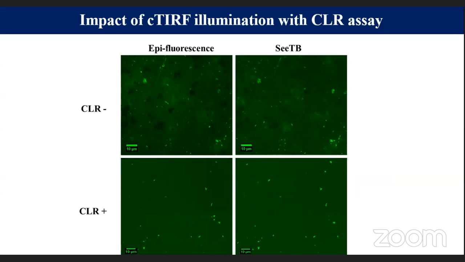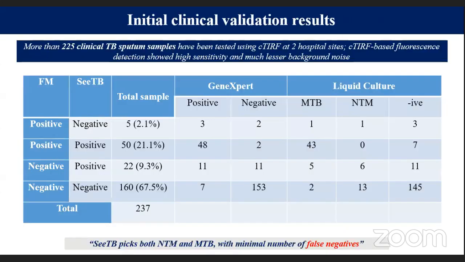But as soon as we used the CLR reagent in the fluorescence microscope as well as SeeTB, this background has been removed significantly, and the only fluorescing object is the bacilli. It can be very easily observed by any healthcare worker. It is easier when the background is black and the point we have to detect is fluorescing.